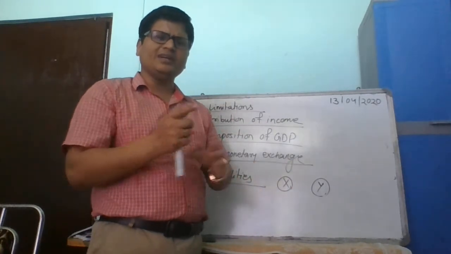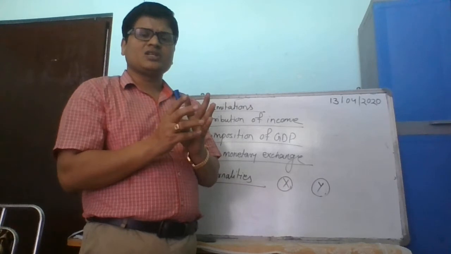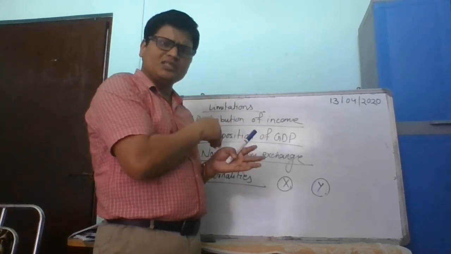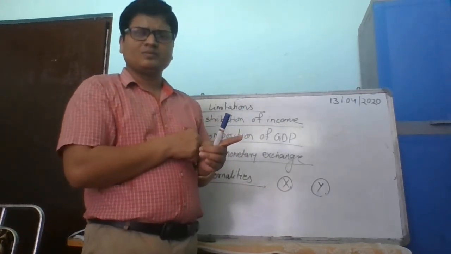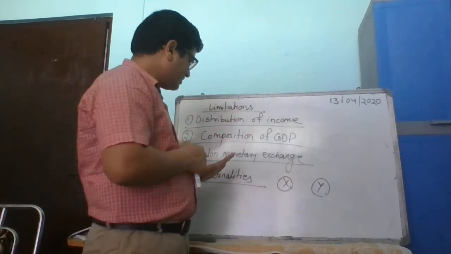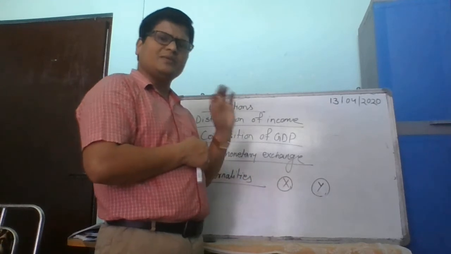Suppose in the flower garden, the value of flowers sold in the market comes in the calculation of GDP. But the other benefits from that flower garden reaching the society, the positive externalities, are not counted in the calculation of GDP.